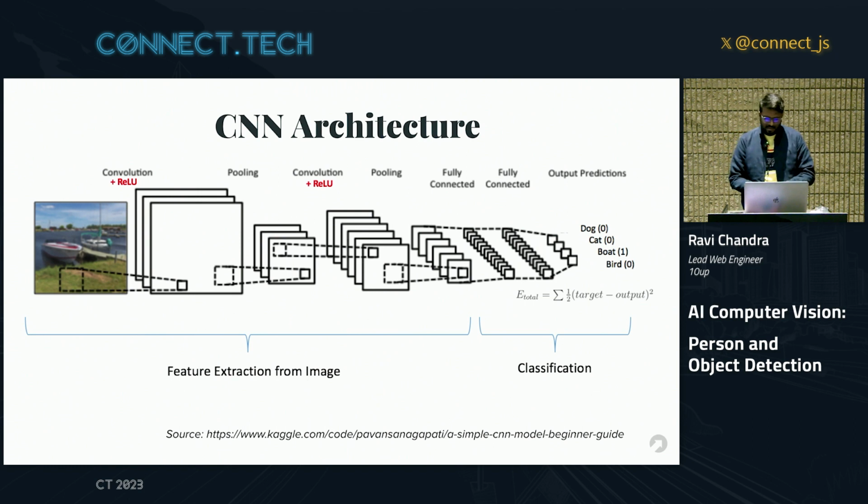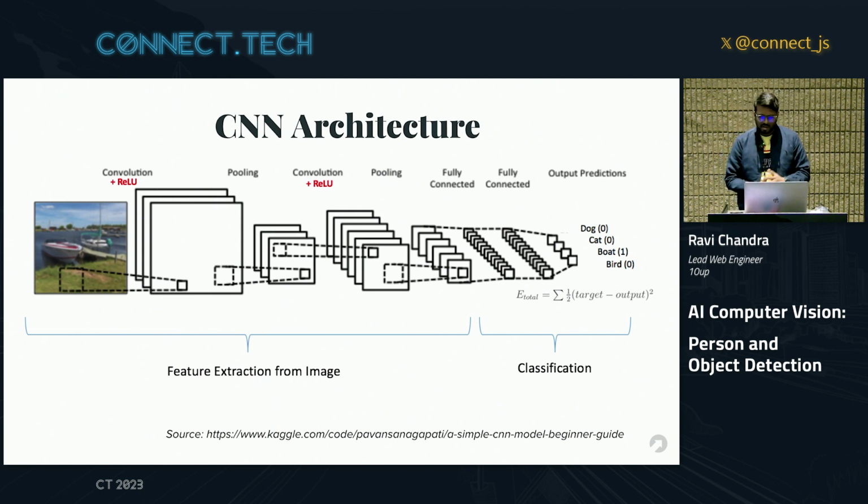Again, this image is from the same article, which is an excellent introduction to CNN. We see that we have an image at the beginning. We have the convolutional layer, which looked at parts of the image, did some extraction, and passed that on to the pooling layer, where a big image is trimmed down to maybe half of its size or 20% of its size.